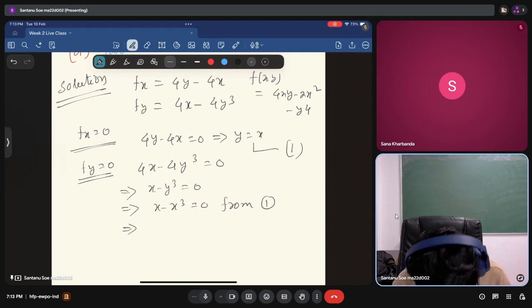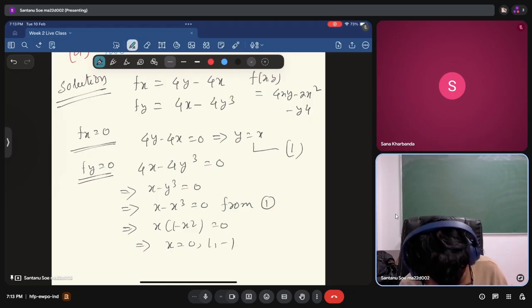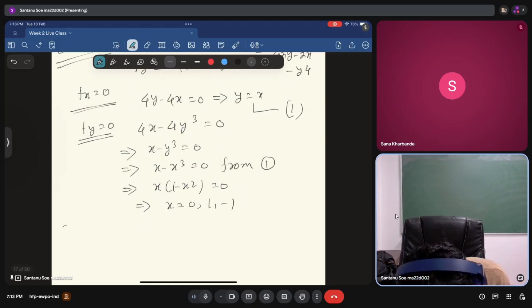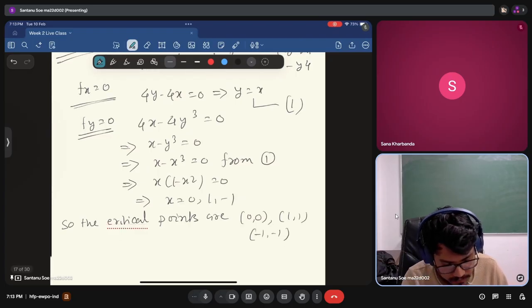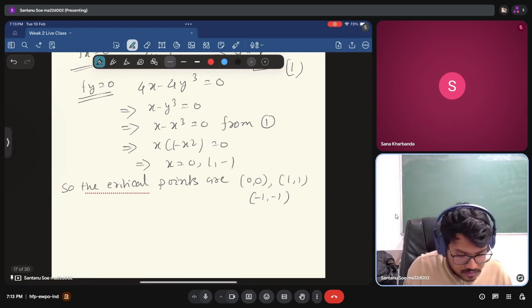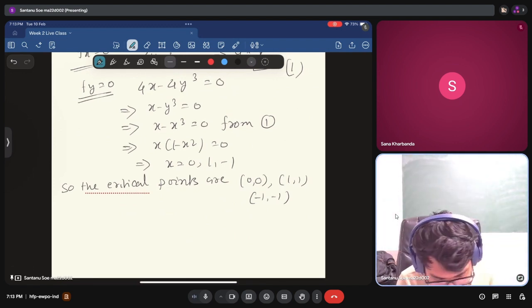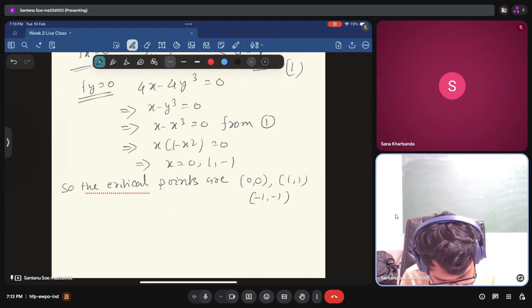Now this is implying that x times (1 minus x squared) is 0. So this is implying x is 0, 1 and minus 1. Okay, so the critical points are (0, 0), (1, 1) and (minus 1, minus 1). Because y equals x, the x coordinate and y coordinate for each point will be the same.